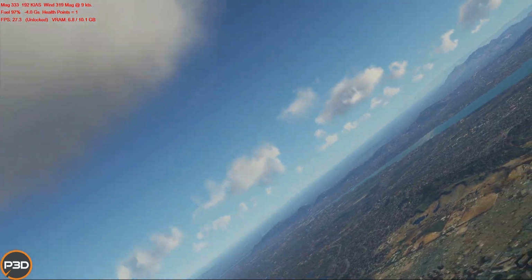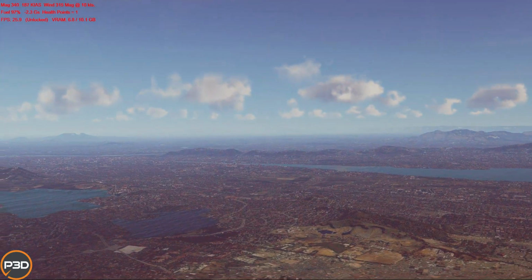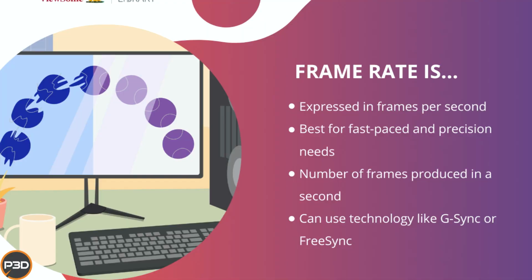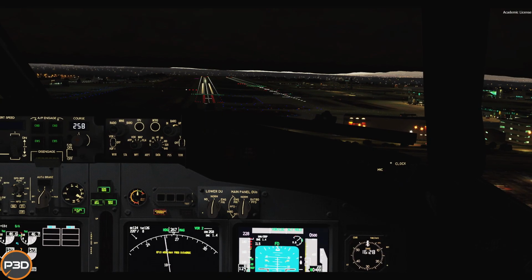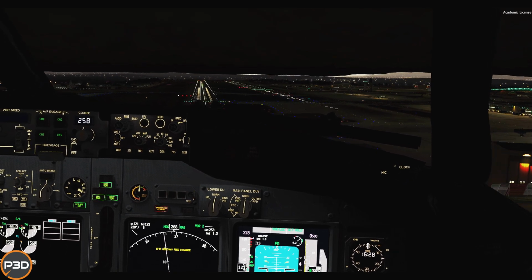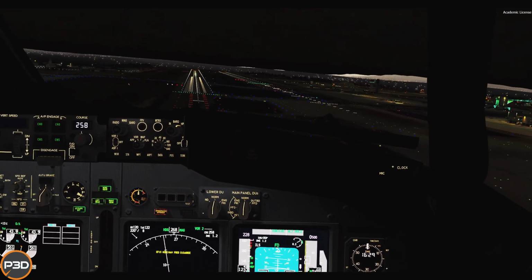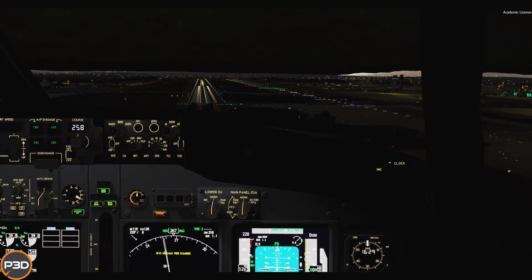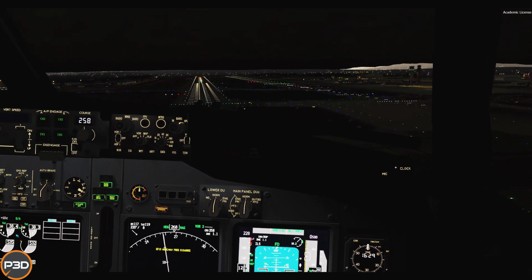So FPS, frame rate, is one single frame, and if you have 24 of them put together, you've got 1 second of video, 1 second of animated frames. And so if you have a steady frame rate, you'll have fluid movement in your sim.